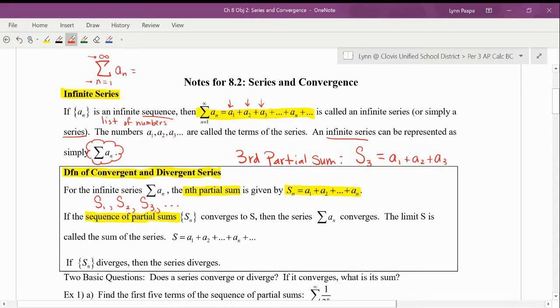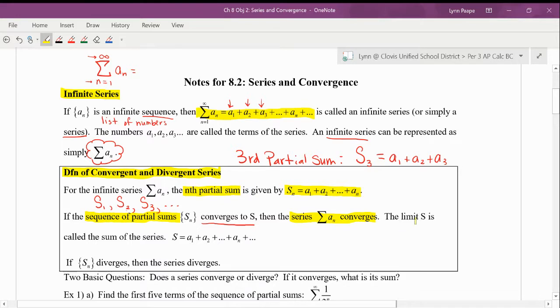So if that sequence of partial sums converges to a particular value, then we can say the series converges. If the sequence of partial sums converges, then our series does as well.